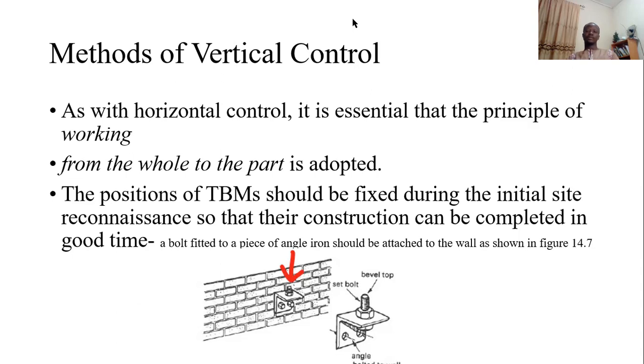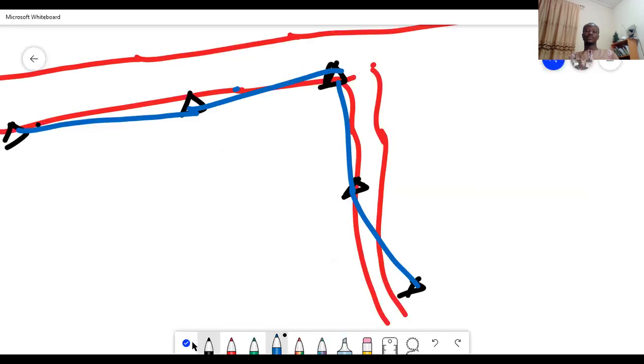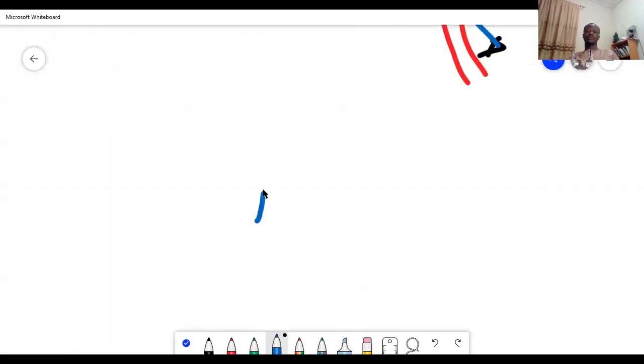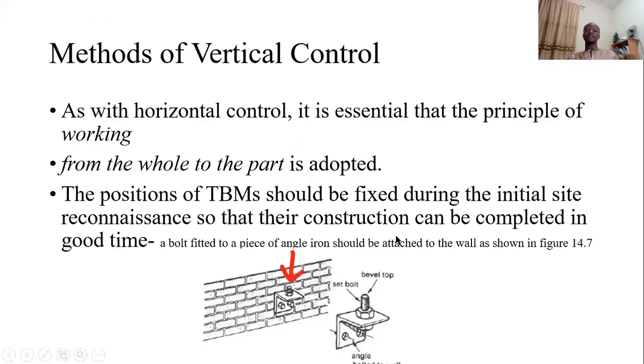Okay, I just want to show you what I mean by that. If I have something like this, that's an angle iron. Are you getting that? And now you have the bolts going into it. Going back to the diagram, I just want to bring attention to that word angle iron, so that you can remember at least something. You can see that there's a bend, it's kind of bent, and then we have the bolt on top of it.